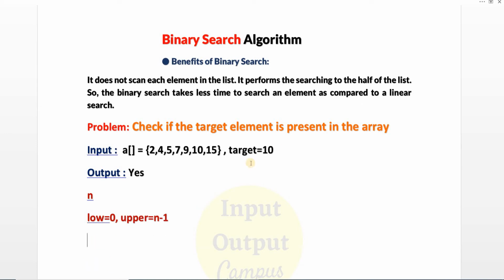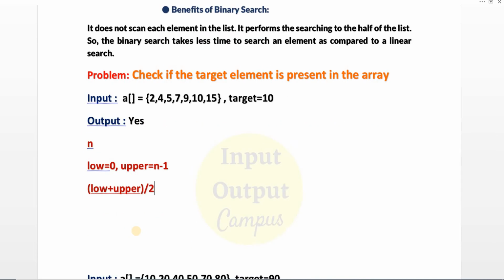Now we'll find the middle index. So what is the middle index of this array? To find the middle index, we will average these two, that is, lower plus upper divided by 2. And this will give us the middle index of this array. Here you can see n is the size of the array. So the size of the array is 1 2 3 4 5 6 7.